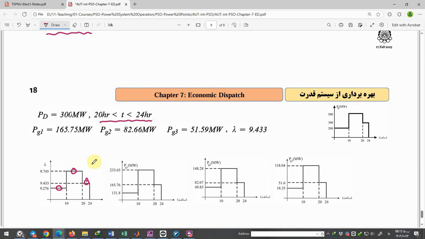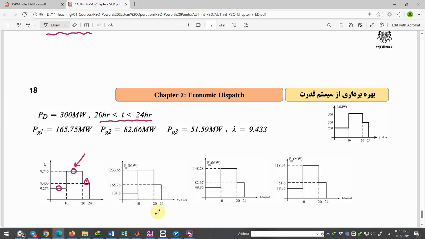And we can see that in this period you have to pay more than in other periods for supplying power.